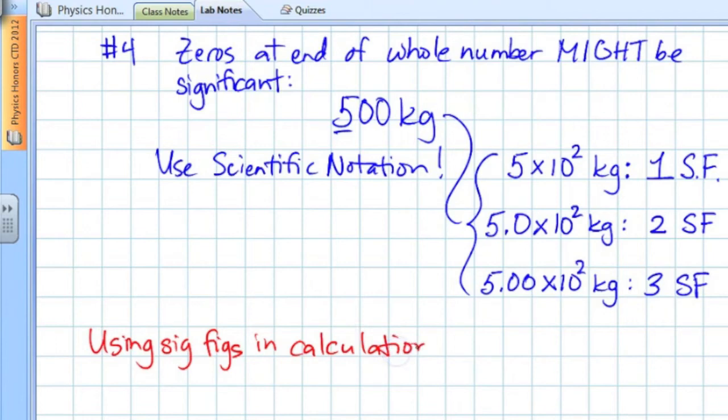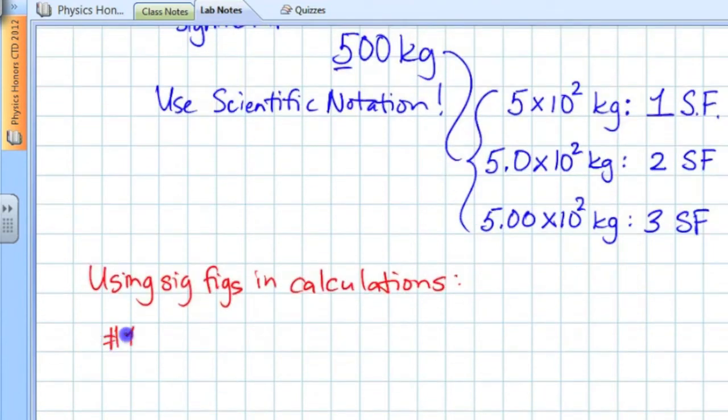So there's two basic rules. Rule number 1 is when you're multiplying or dividing. So I'm going to write in cursive so I can write a little bit faster.